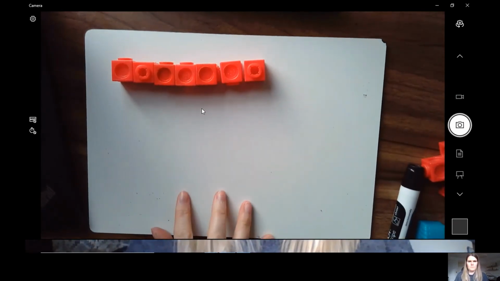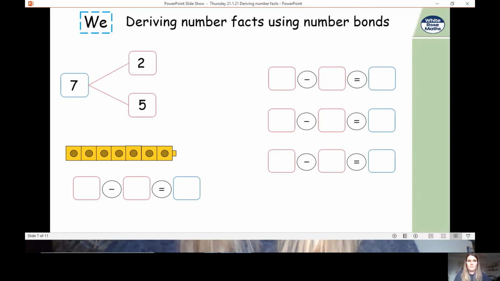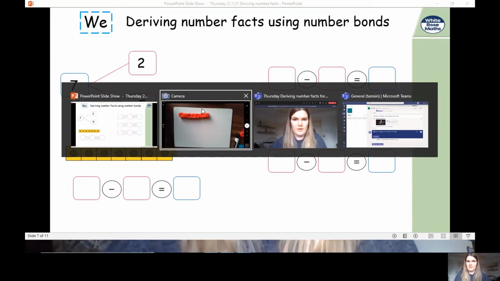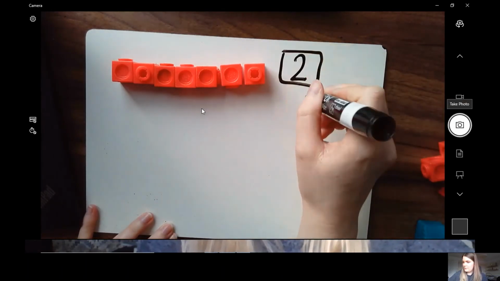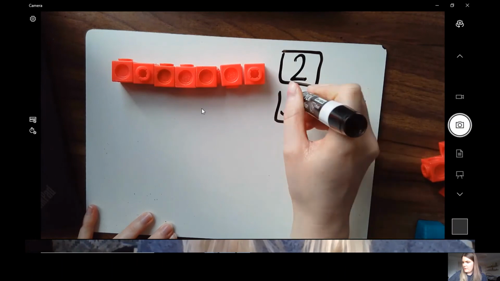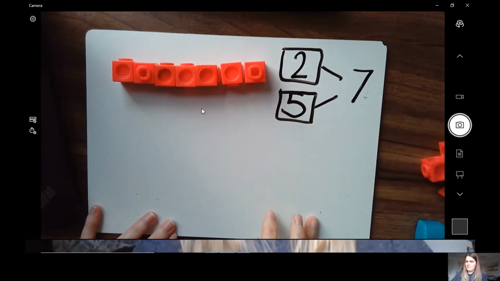Now what do I do? I put my part-whole model in. Okay, what is our part-whole model? Our part-whole model is 2 and 5 make 7. Okay, so let's write that in. 2 and 5 make 7. Okay, we're going to leave that there to help us.